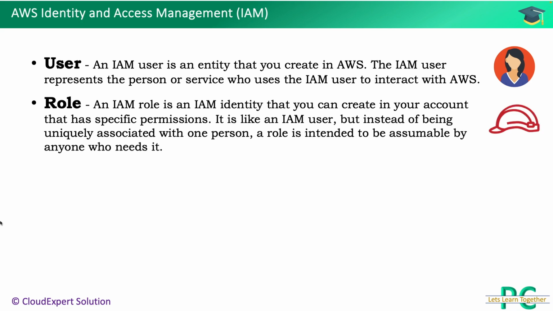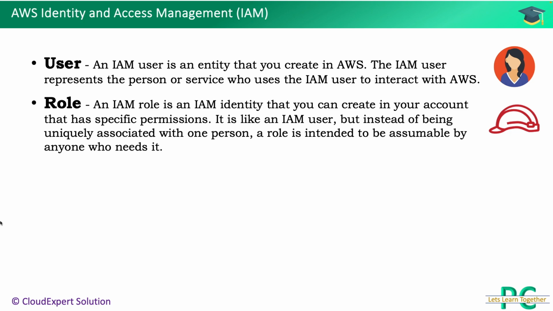Next, role. An IAM role is again an IAM identity that you create in your account and that has specific permissions. It is like an IAM user, but instead of being uniquely associated with one person, a role is intended to be assumable by anyone who needs it.